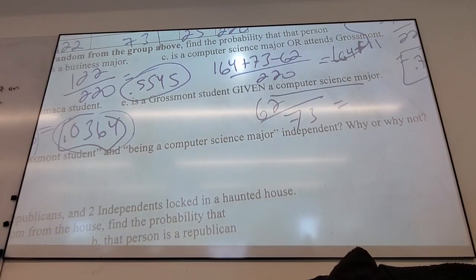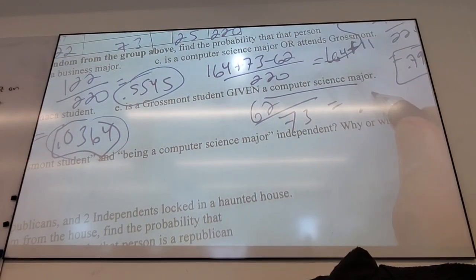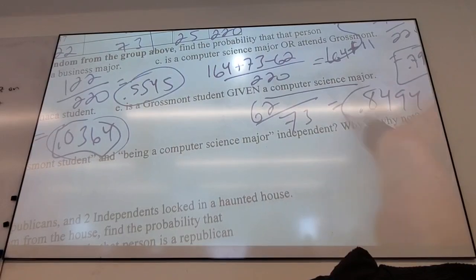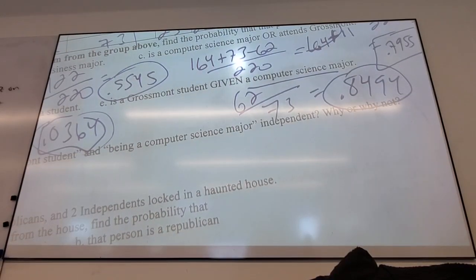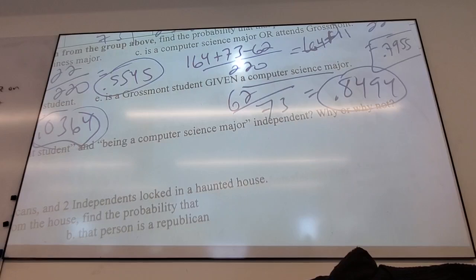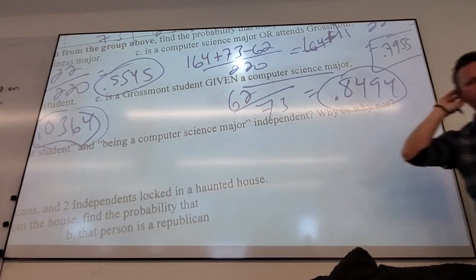That was beautiful, Jeff. So what is it again? I'm sorry. 0.8494. Sorry. Go ahead. Is it 90? We'll see. Sorry. Do it again. Go ahead.